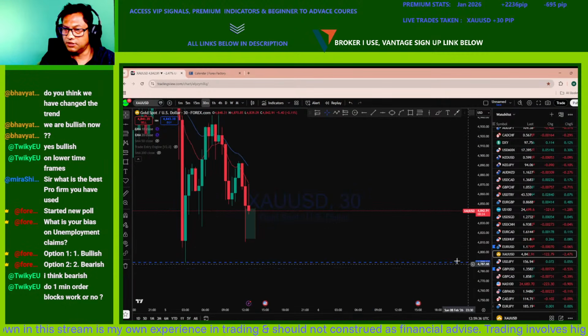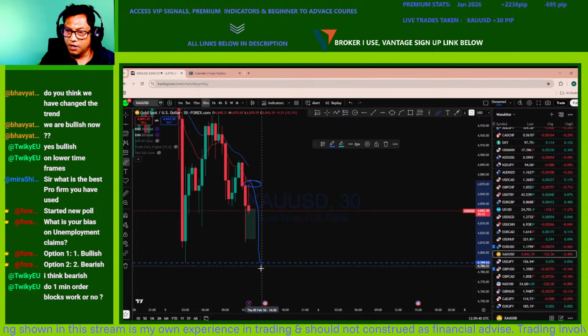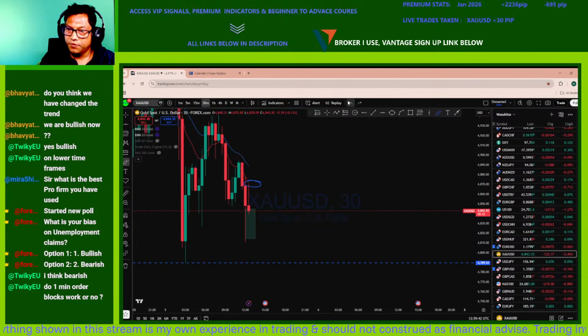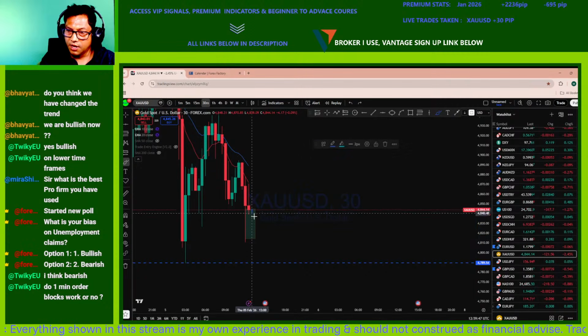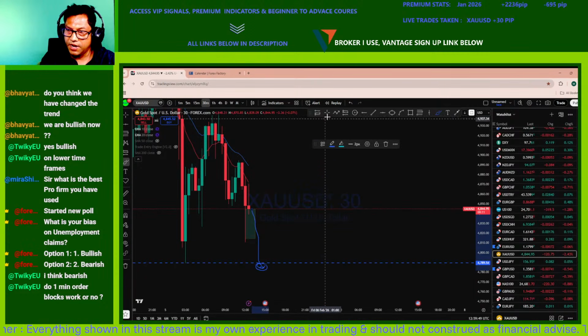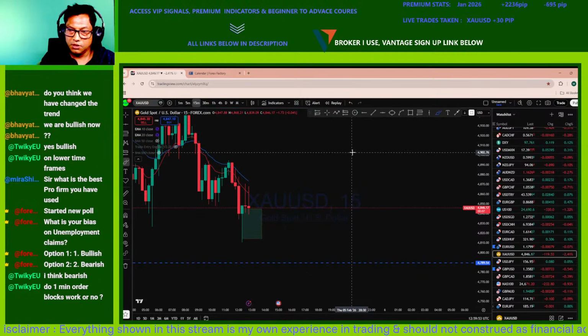okay, we can see that there is a rejection of this level here, and it could eventually drop back below to the support level, and that might bring the market back below to this support, looking for a possible entry back down in that zone.